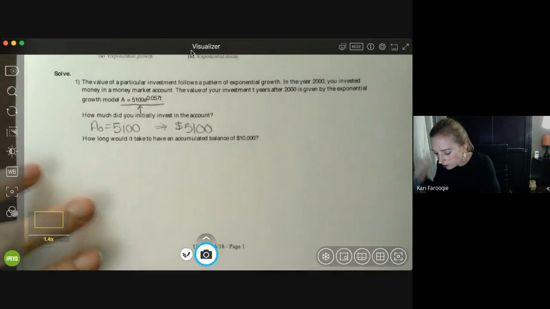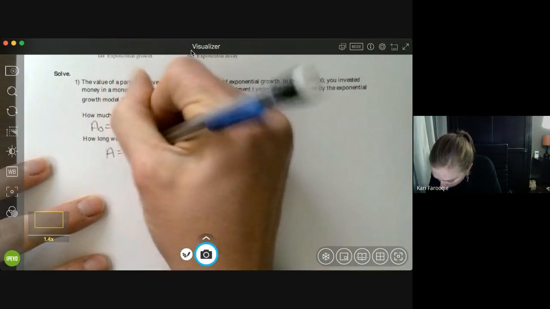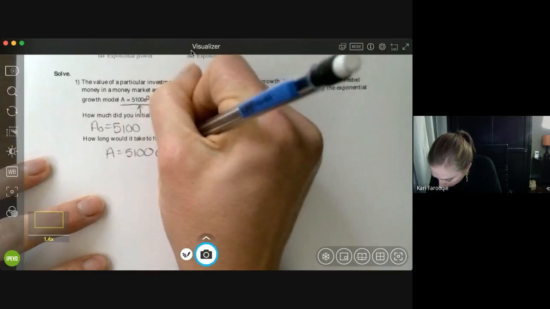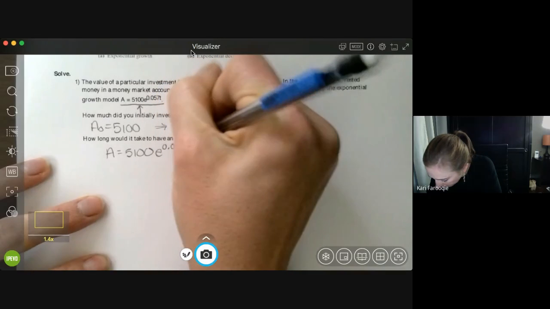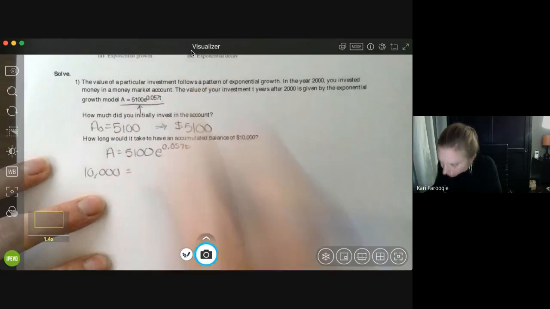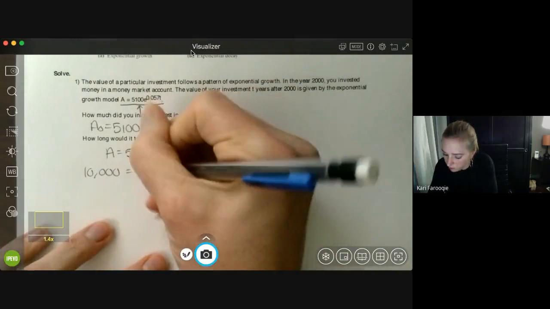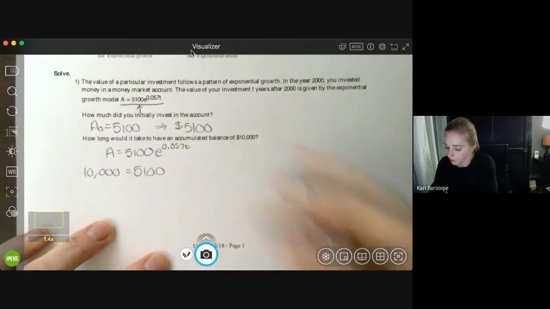So we're trying to get our accumulated amount, and I'm going to rewrite the function one more time down here so you can match it up, to be $10,000. And it started out at $5,100.